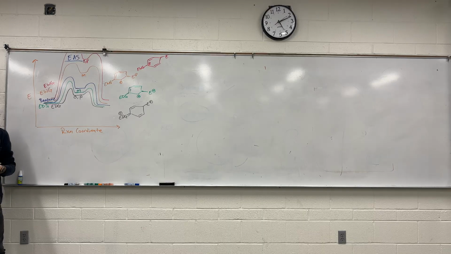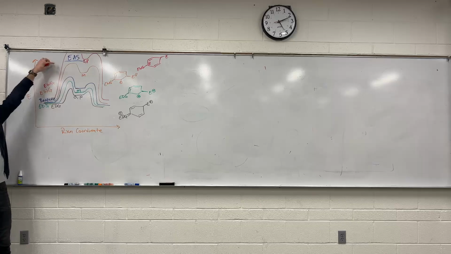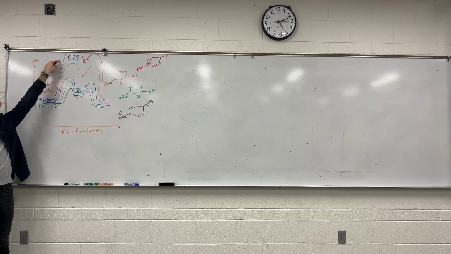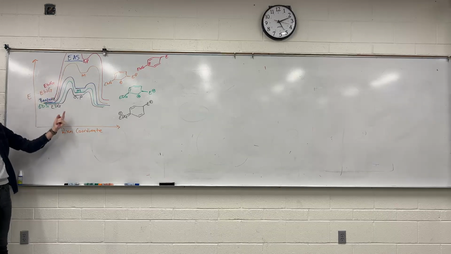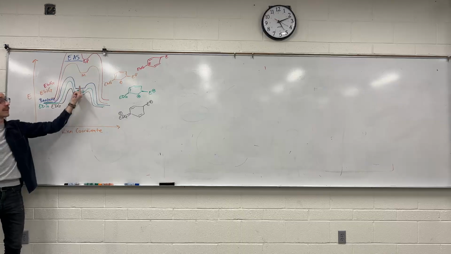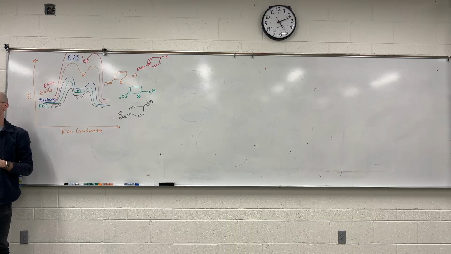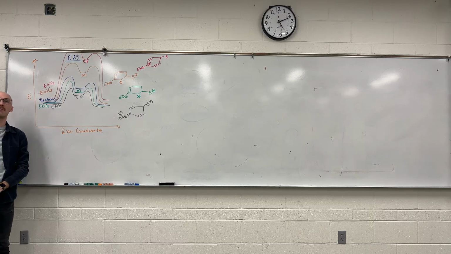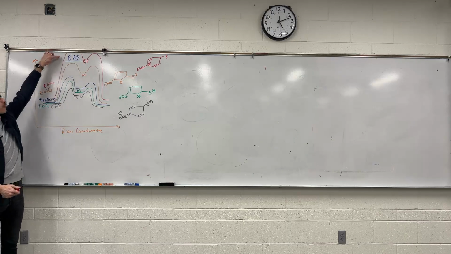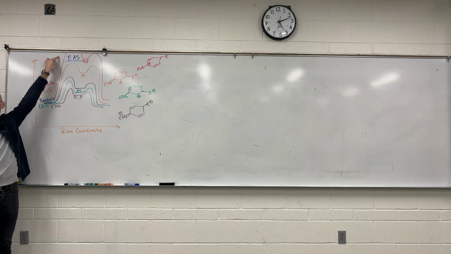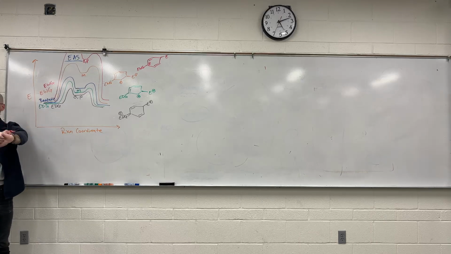Electron withdrawing groups do not stabilize the intermediate of EAS. They destabilize the intermediate. Relative to benzene, they are deactivators. But they deactivate even more if that group is placed ortho or para. Where do halogens fall in here?